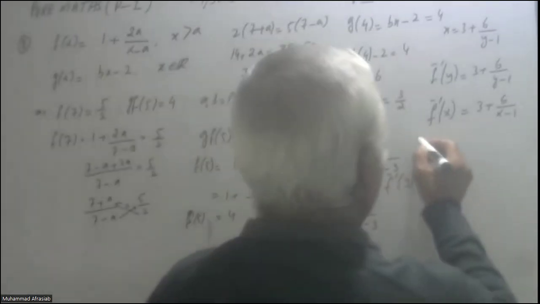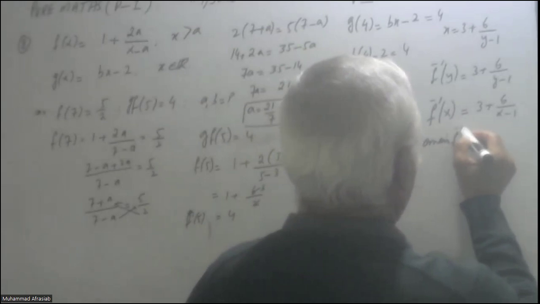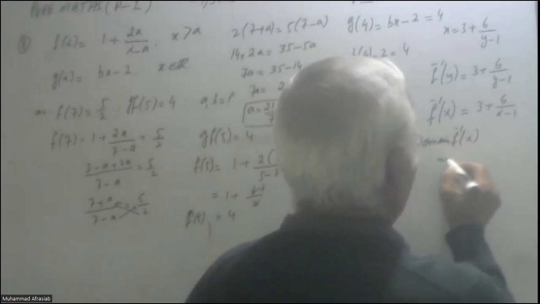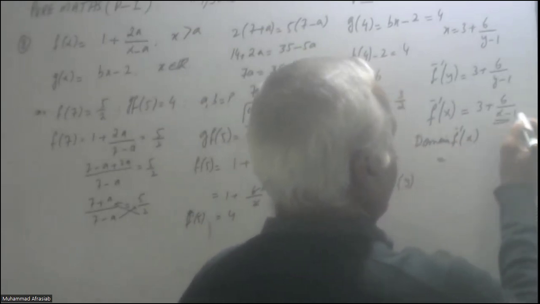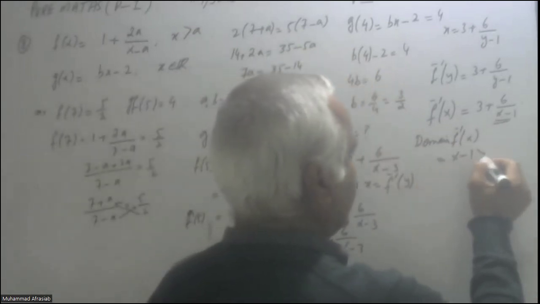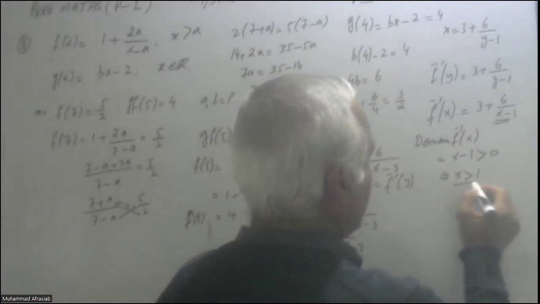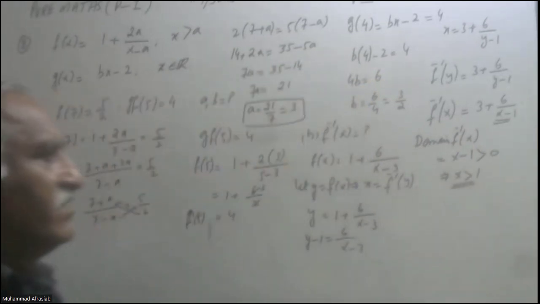So f inverse of x we have calculated as 3 plus 6 over x minus 1. The domain of this function: because in the denominator it is x minus 1, x minus 1 should be greater than 0. This implies that x should be greater than 1.